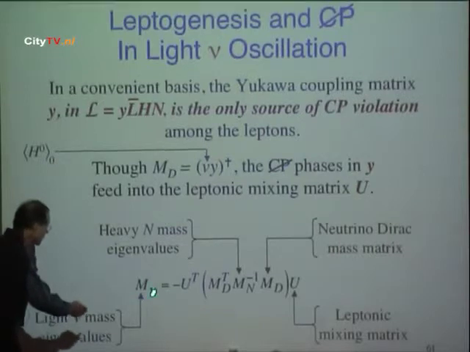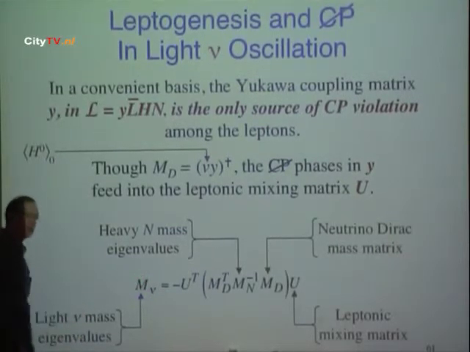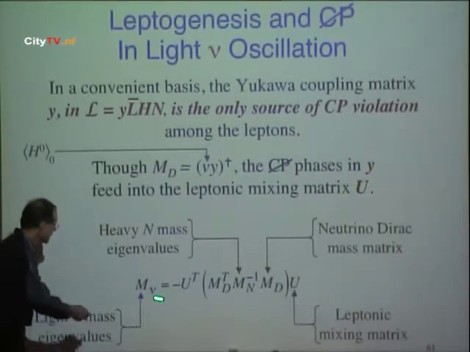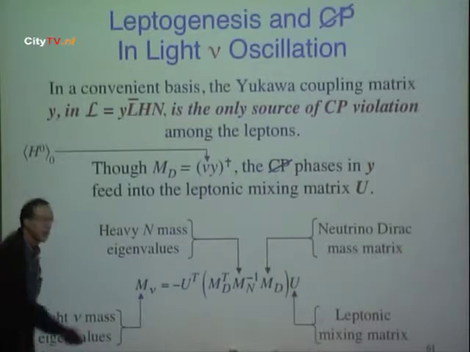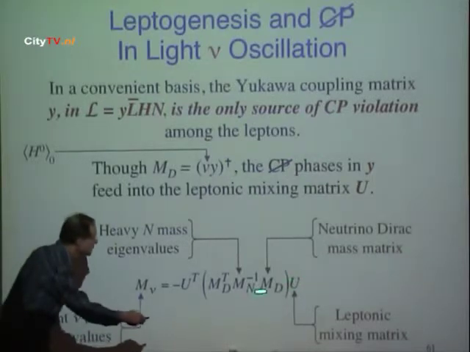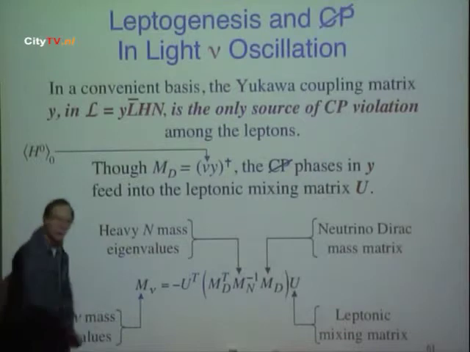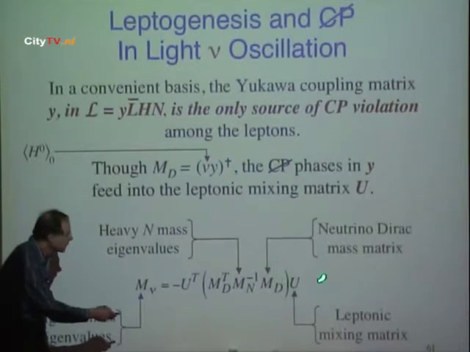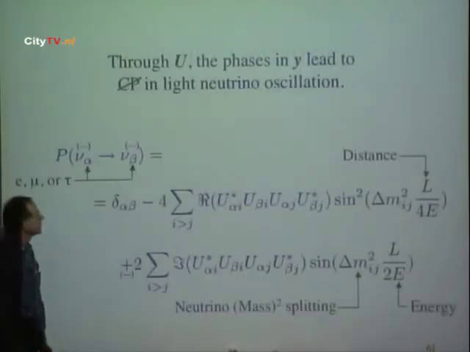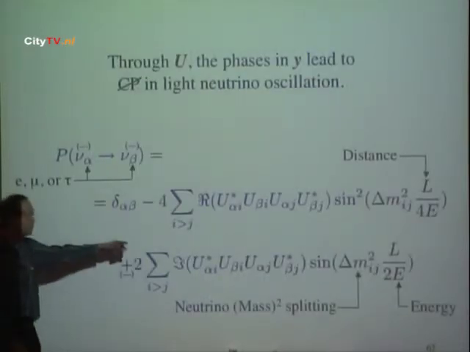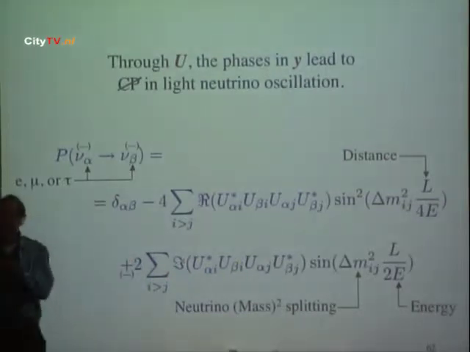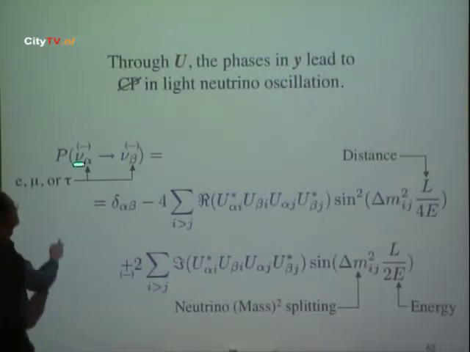But this is also a matrix of real masses. It has to be real. If this inside the parenthesis is complex and that is real, the mixing matrix had better be complex to absorb the phases inside here and make m nu real. But if the mixing matrix is complex, then because of that formula reproduced here, through this imaginary part, there's going to be a CP violating difference between neutrino and antineutrino oscillation probabilities.